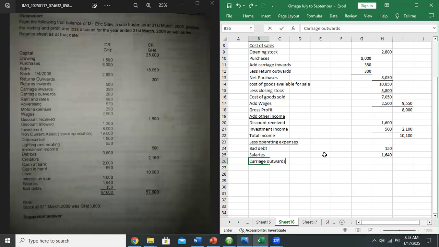So carriage outwards, that's 200. Let me check the figure. 200. Okay. Next is Prof. Aseye. Please, wages. Prof. Aseye, we've used the wages already in the trading account. Motor expenses.